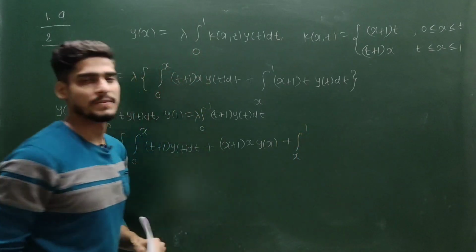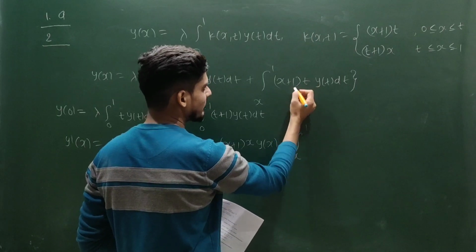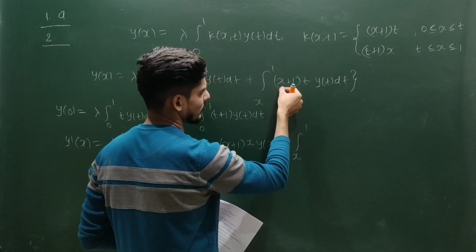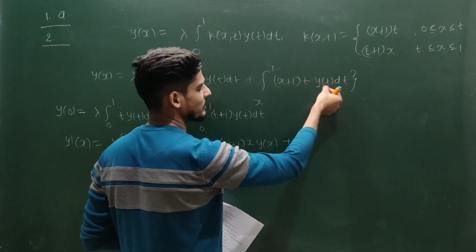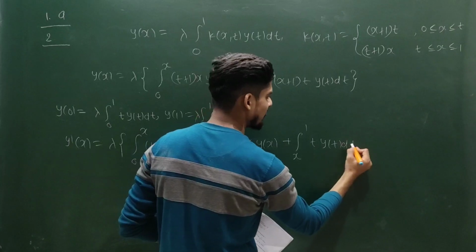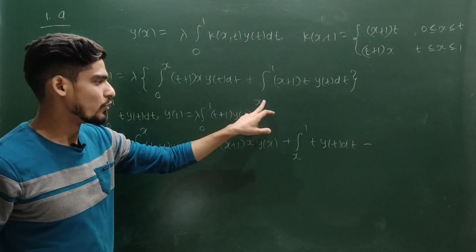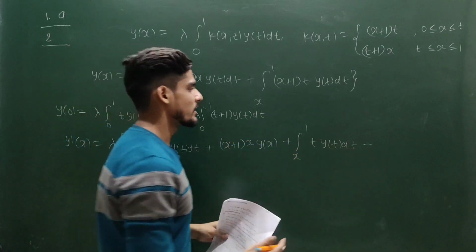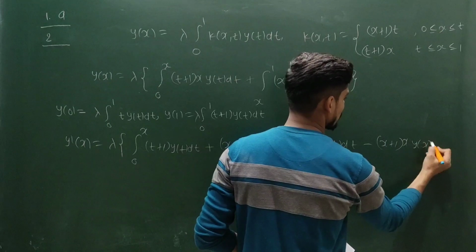If I differentiate with respect to x partially, then I am going to get this is tx plus t. This is x, we multiply it with the whole thing, then the next term will be all t. So I will be having t times y(t) dt minus, if I put x in place of t, because this is in the lower limit, so I have to take a negative sign, then I will be having (x plus 1) times x y(x).